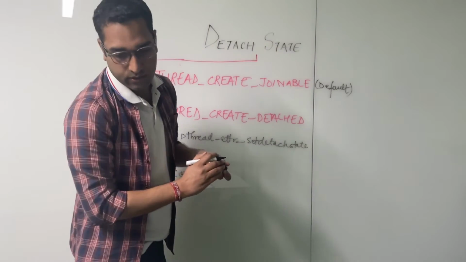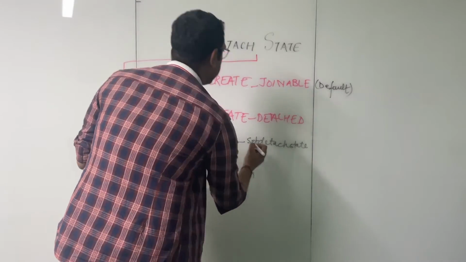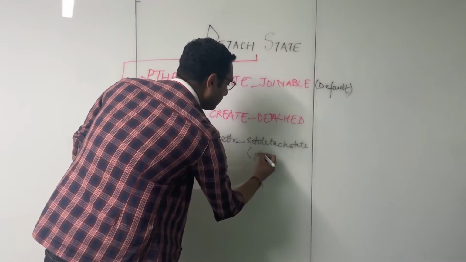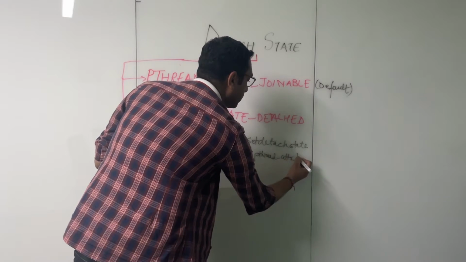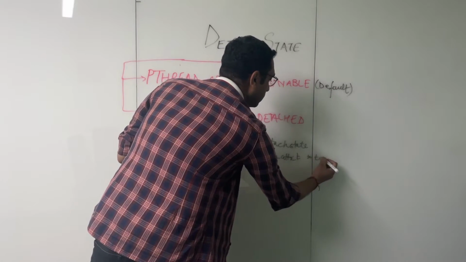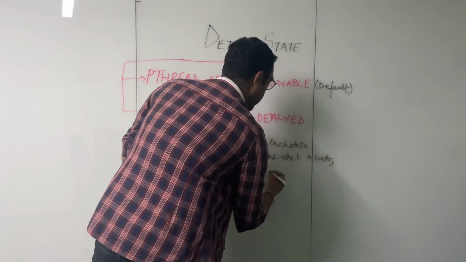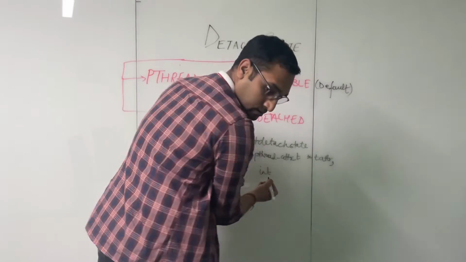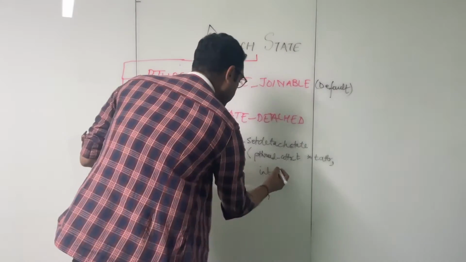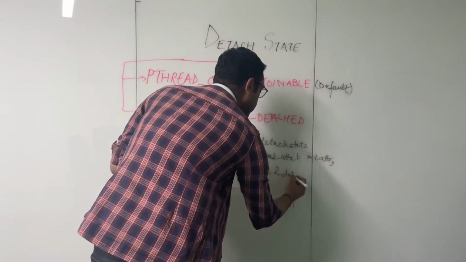And it takes two arguments. One is the pthread attribute which you are changing, and an integer value of, let's say, detached state.